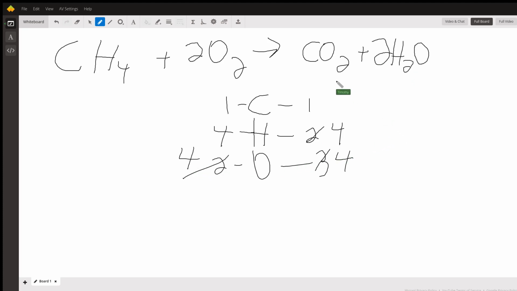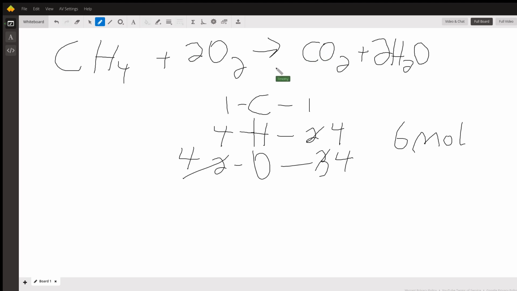So if I'm producing 6 moles of CO2, to make 6 moles of CO2, this reaction has to happen 6 total times. So if this reaction happens 6 total times, what that means is that for my ingredients, every time the reaction happens, I use 1 mole of this, 2 moles of this to produce 1 mole of that.